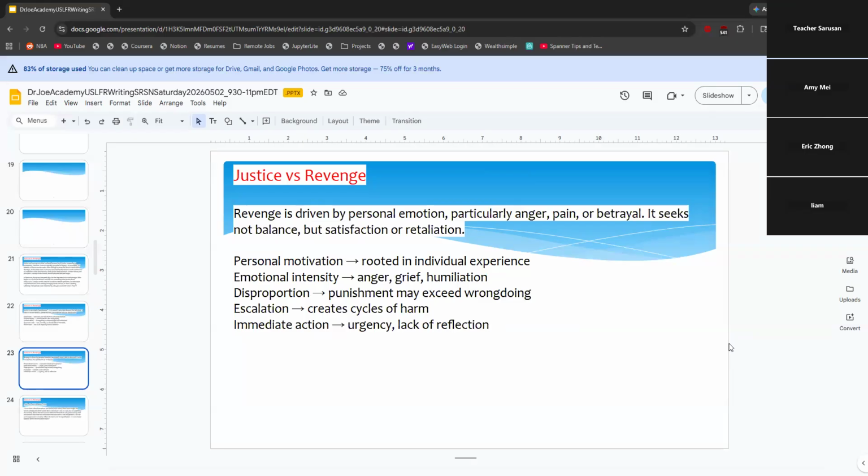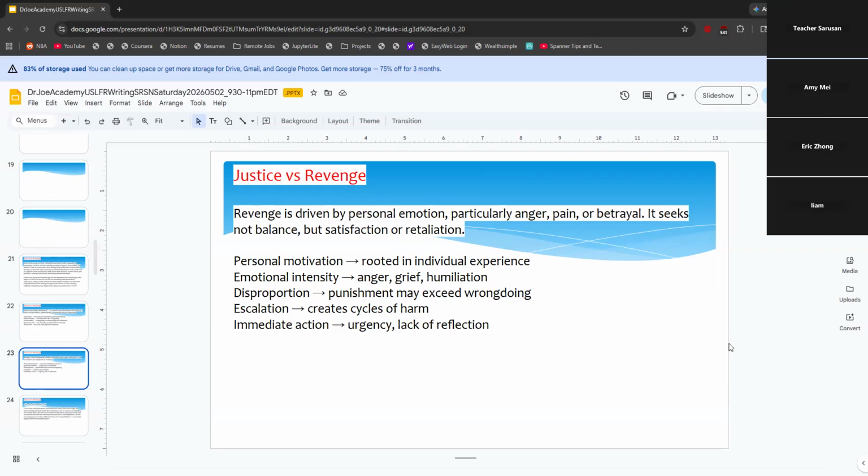Excellent. So in this slide, when we're dealing with revenge, everything seems very emotional. Everything is fueled by strong emotions, negative emotions usually: anger, pain, betrayal. Those are all very strongly attached to how somebody behaves.